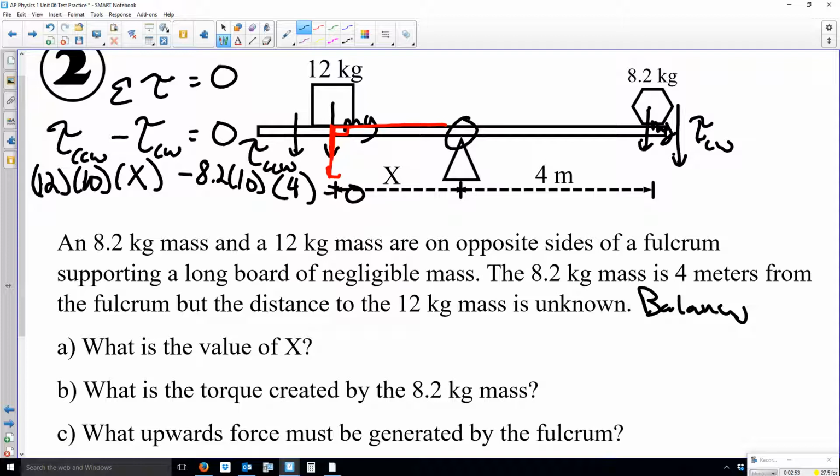So I'm going to clear out some of this so I can write again. But what we're going to end up with is 120x equals 8.2 times 10 times 4, which is 328.